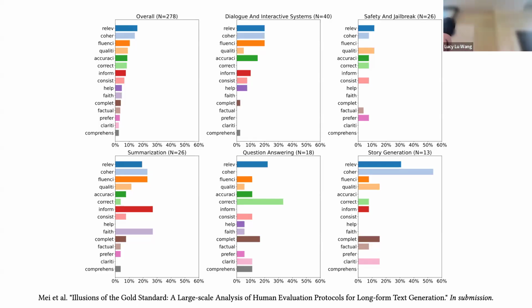For example, in papers studying dialogue and interactive systems, the most commonly assessed evaluation facets are things like relevance, coherence, fluency, followed by accuracy, informativeness, consistency, helpfulness, and so on. These are stemmed. I'm showing this plot mostly to indicate how much diversity there is in the types of qualities that people care about in these textual responses.